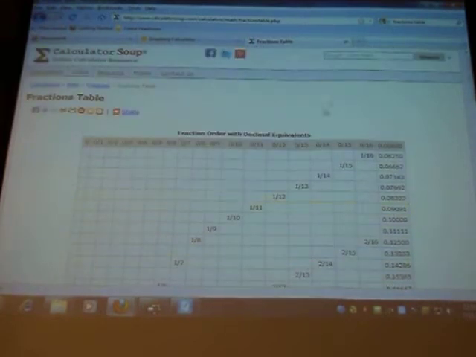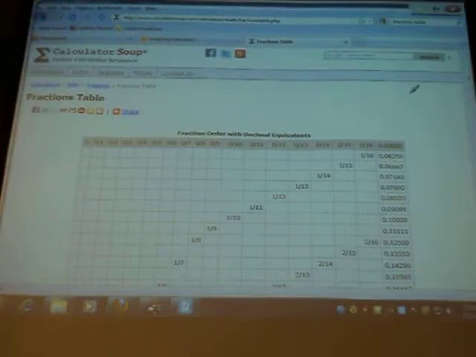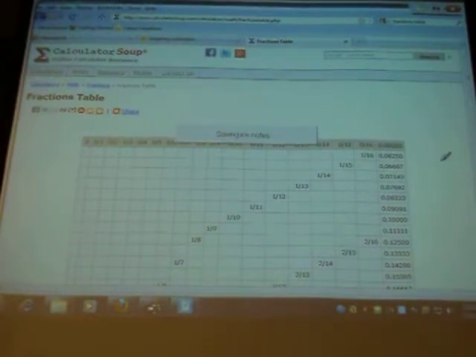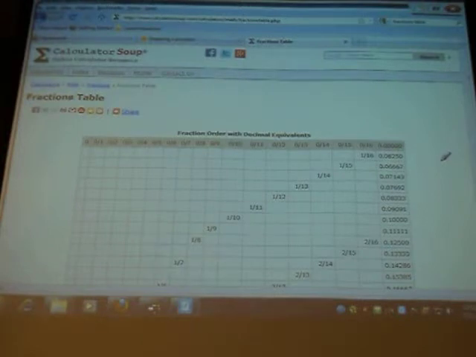Here it is. I feel like you guys should know a lot of these. So if you don't know, you might want to write this down. Calculator soup, fractions table. That's what you want to Google.